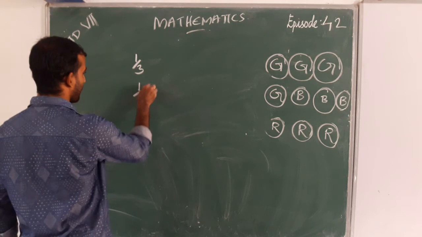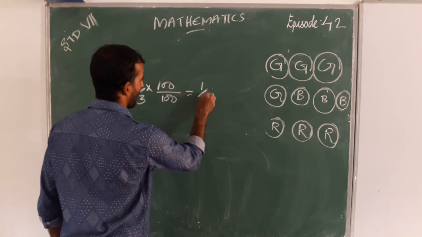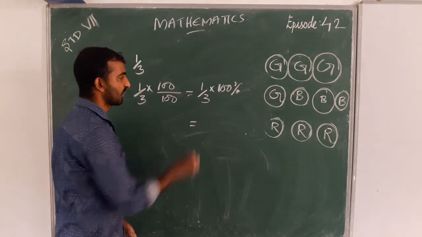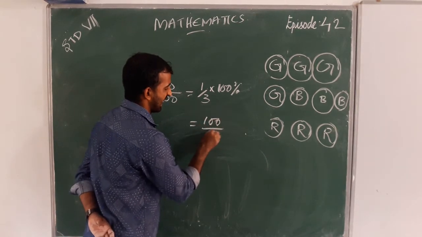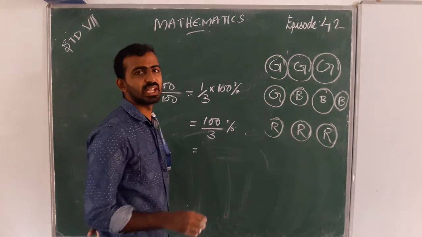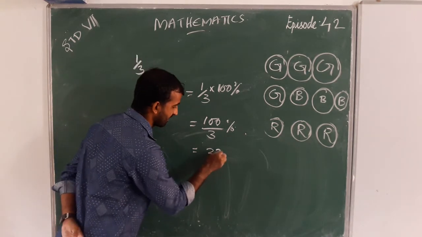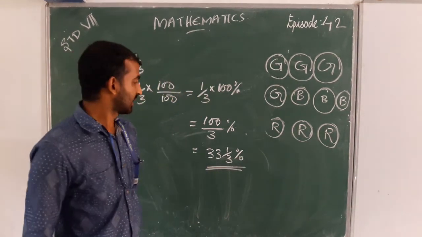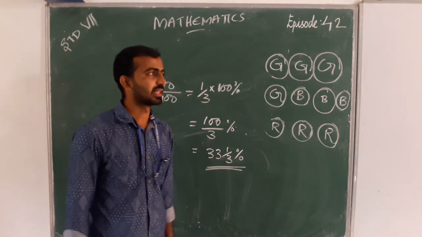We take 1 by 3 into 100 by 100. That is 1 by 3 into 100 percentage. We get 100 by 3 percentage. When we divide 100 by 3, we get 33 and 1 by 3. So 33 and 1 by 3 percentage. It is a mixed fraction.